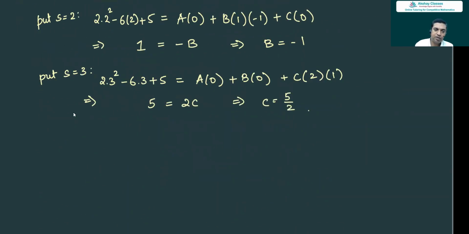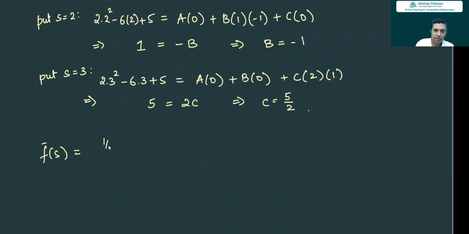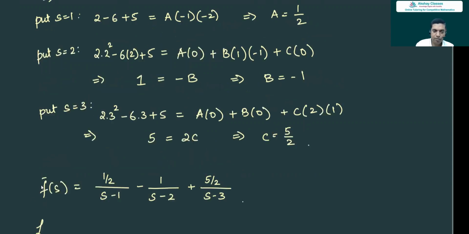All right. So now, therefore, f bar of s is a upon s minus 1. A is half, so half upon s minus 1. B is minus 1, so minus 1 upon s minus 2. And c is 5 upon 2 s minus 3. So now we simplify.